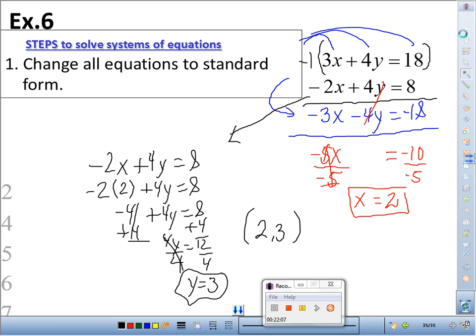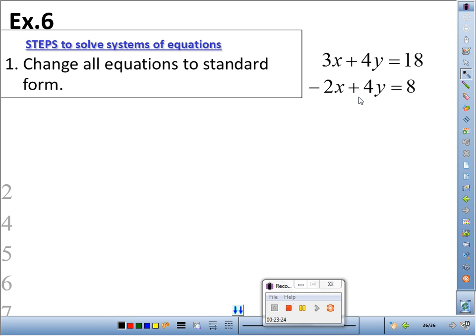However, think about this. What if I wanted to eliminate the x's? That would mean that the coefficients needed to be the same number. Is that correct? Yes.